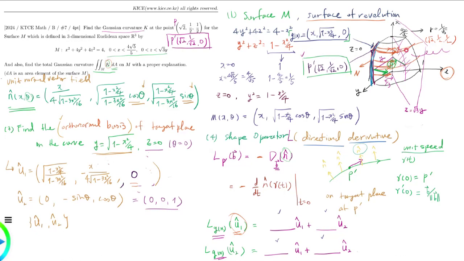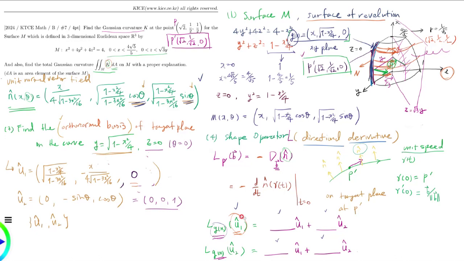Since its generating curve g of x only lies on this xy plane here, we can safely say that the unit normal vector on this generating curve, this theta factor does not change in the direction of u1.